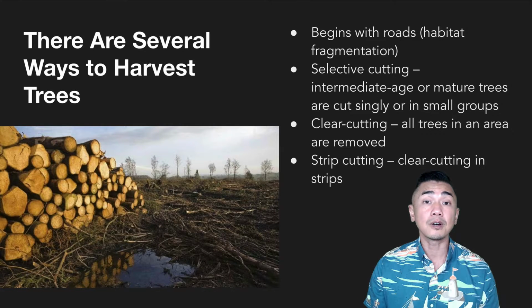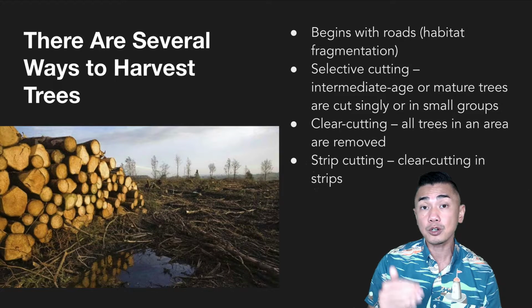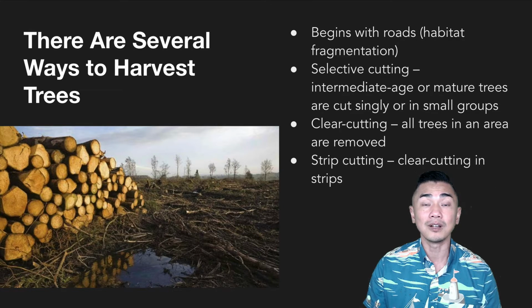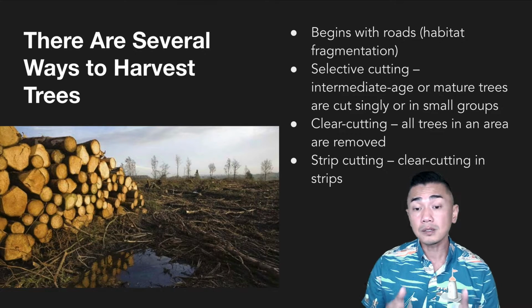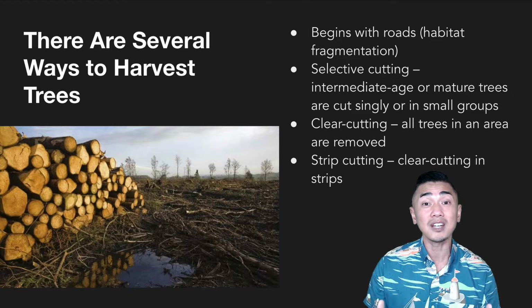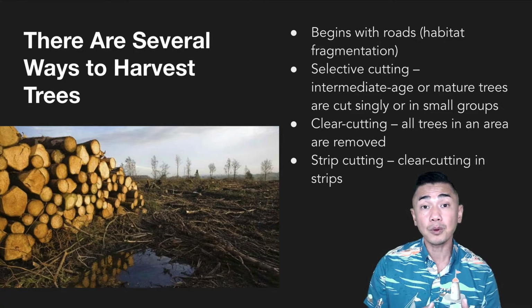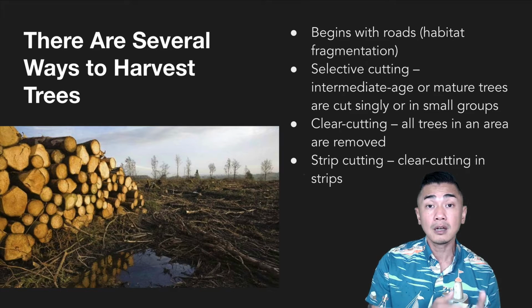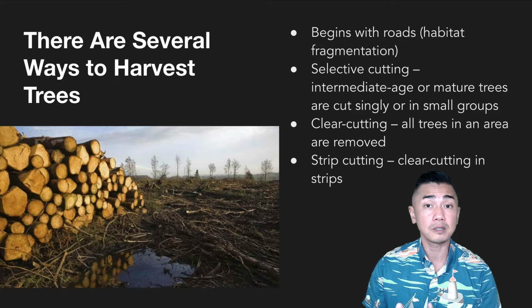The first is called selective cutting, where intermediate age and mature trees are cut down either individually or in small groups. The second way is clear cutting, where all trees in a given area are removed. And finally, the third way is called strip cutting, where trees are clear cut, but only in strips.